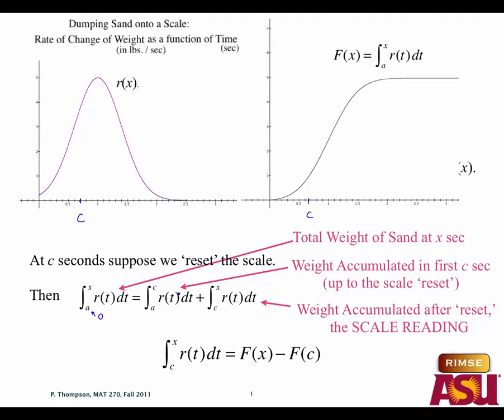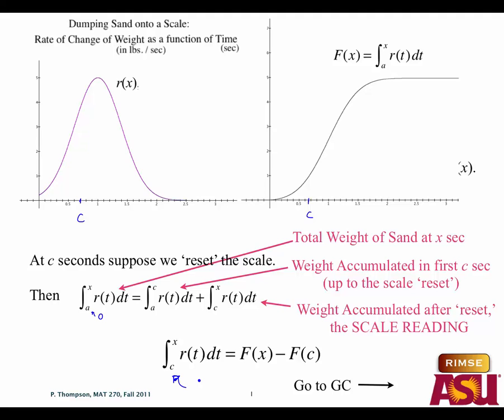So we want to think of this lower limit now not so much as the starting point of accumulation. We started accumulating before. C is like we're going to do a reset, and we're going to get 0 accumulation wherever we do that.